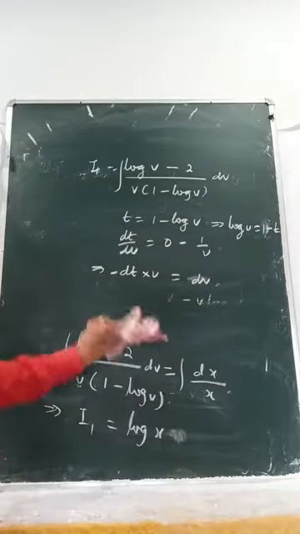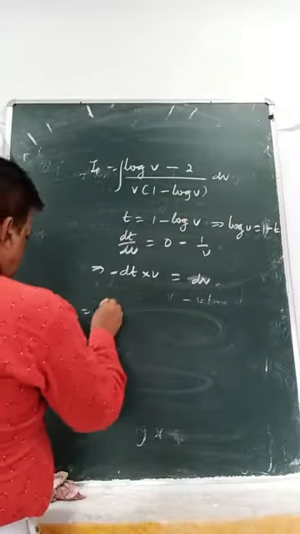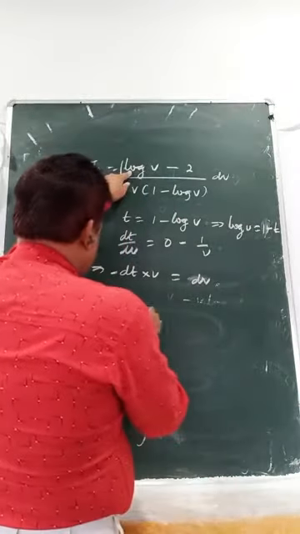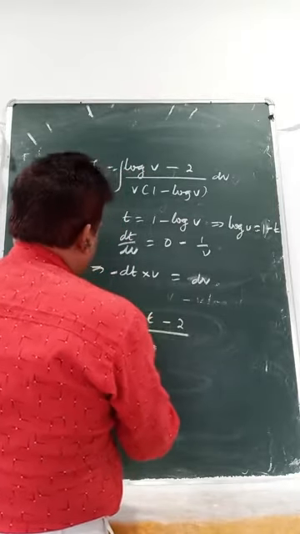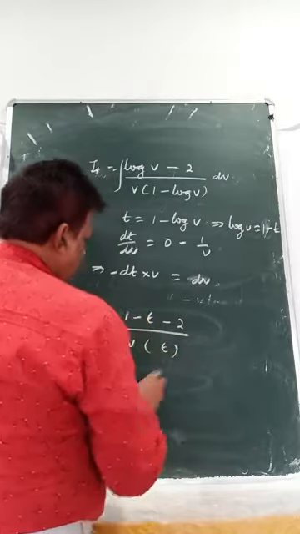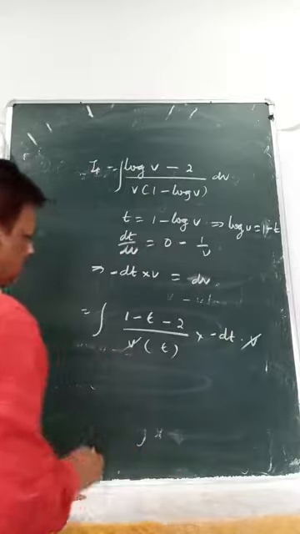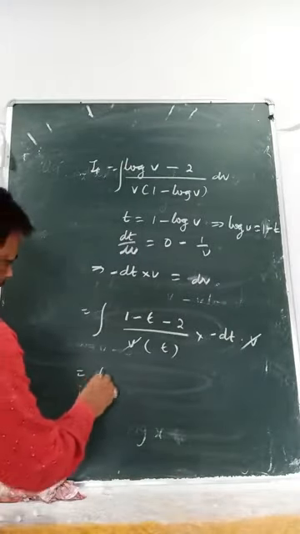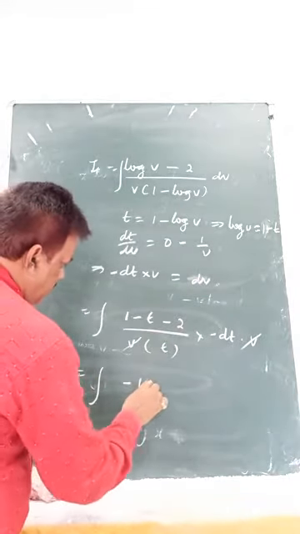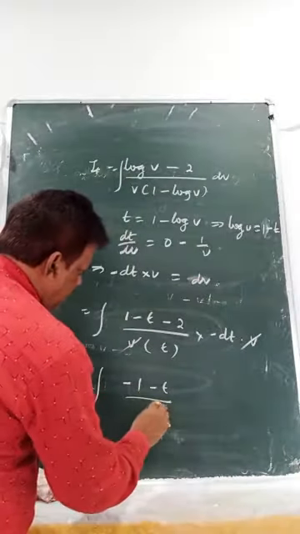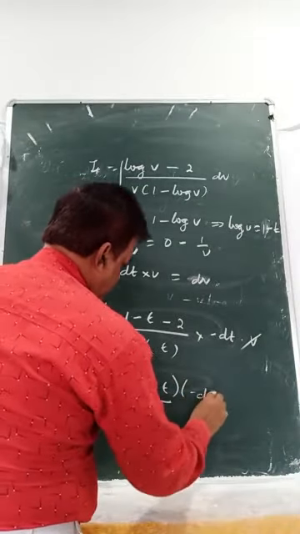Okay, so look here, this is 1 minus t minus 2 by v into t into minus v dt. V is cancelled. So the integration is 1 minus 2 is minus 1 minus t by t into minus dt.